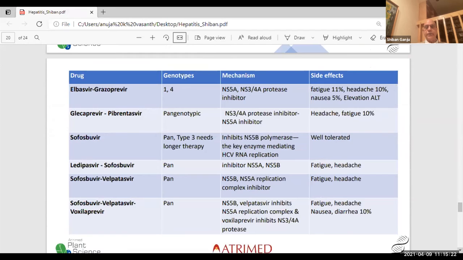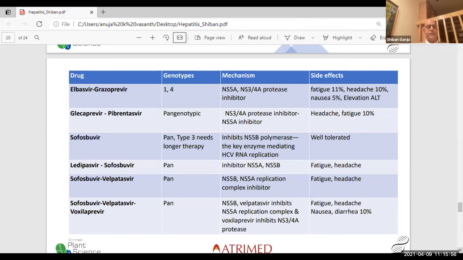Each protein needs nucleosides for its formation, and if we insert a nucleoside analog, which replaces the original nucleoside, it stops the replication. So sofosbuvir inhibits NS5B polymerase, which is the key enzyme helping in RNA replication.